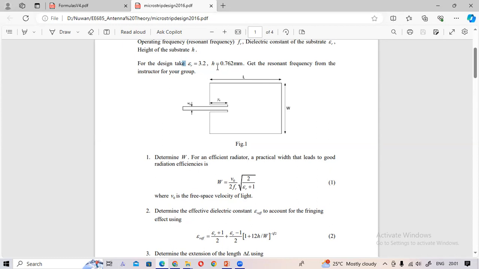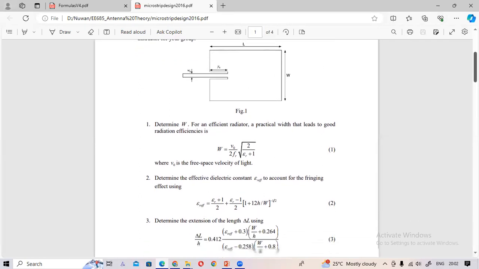Maybe for your design you are given another substrate, like FR4 or some other, and then these parameters may change. Then you can calculate the width of the antenna.